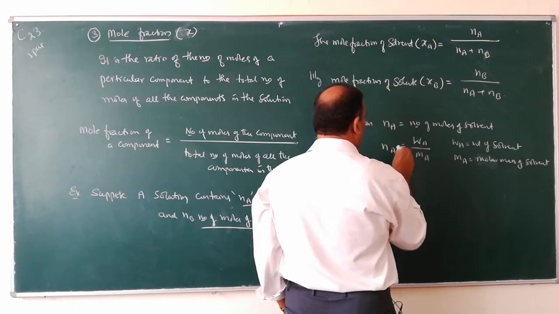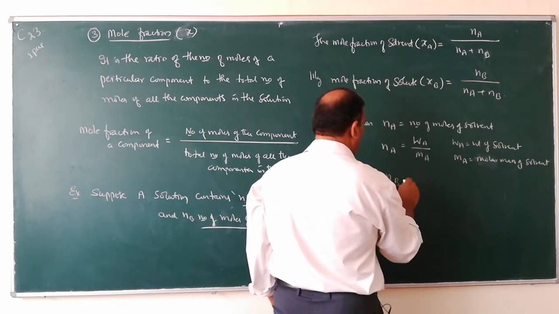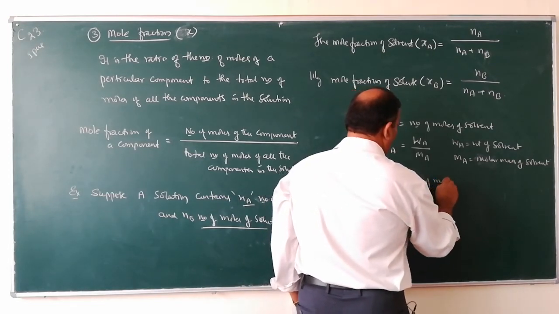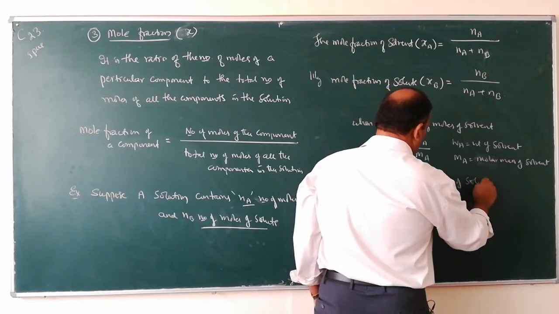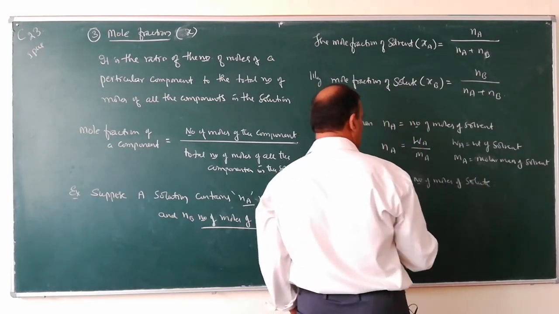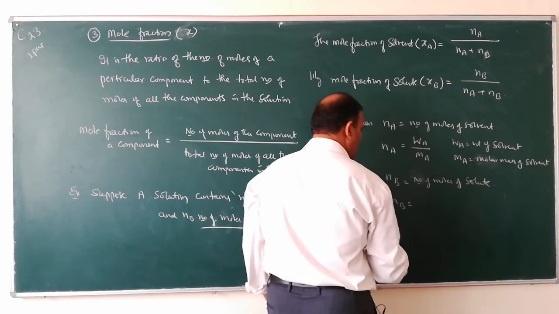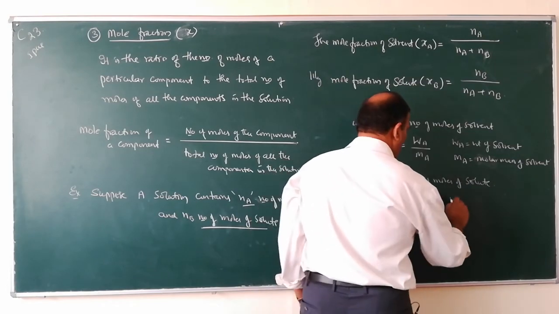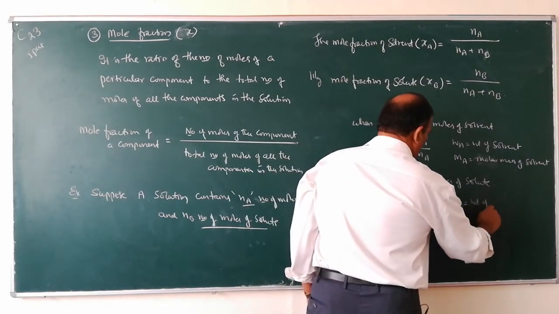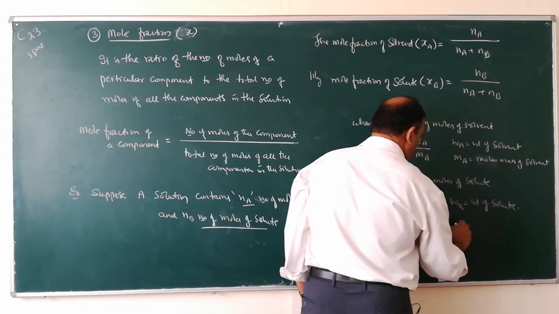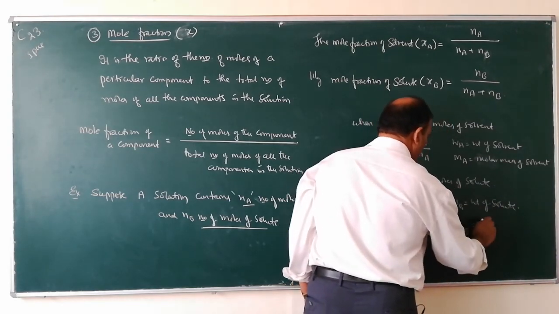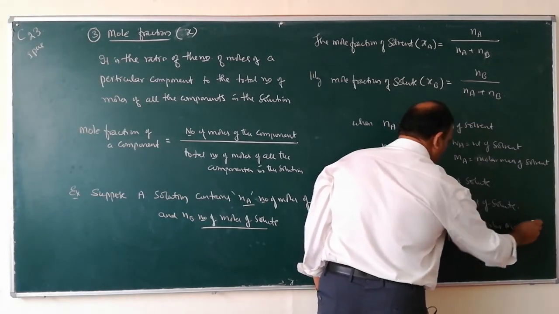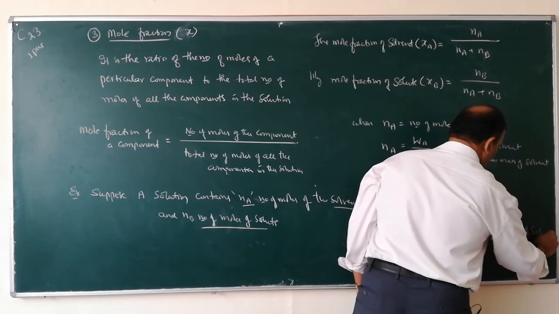Similarly, Nb equals the number of moles of solute, which is Wb divided by Mb, where Wb equals weight of solute and Mb equals molar mass of solute.